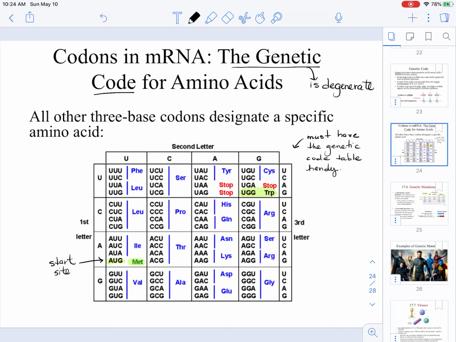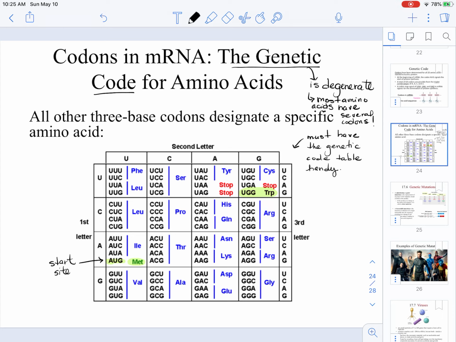Degenerate means that for most amino acids, there are several codons present. So here we have an overall picture of the genetic code, and please, for the final exam, make sure that you have this table with you in order to answer certain questions in the exam.